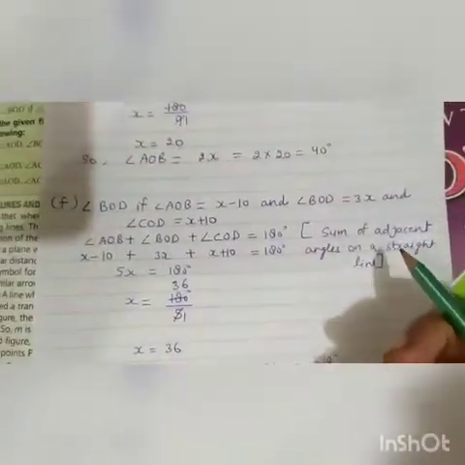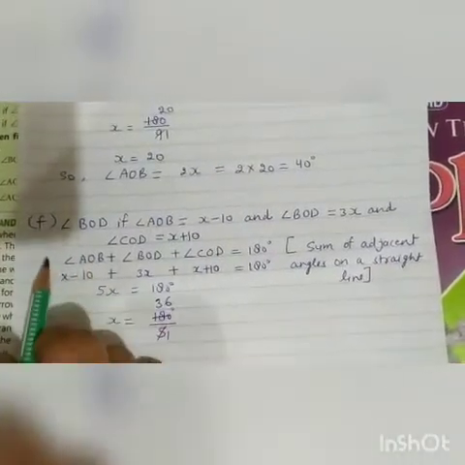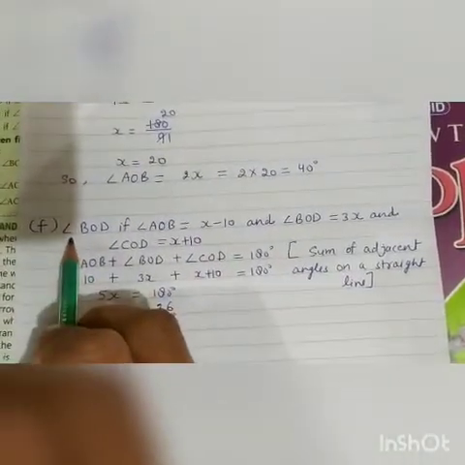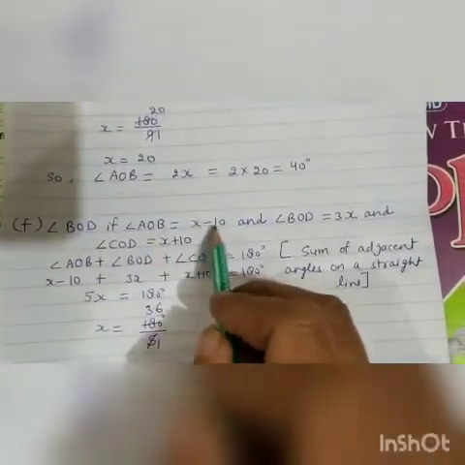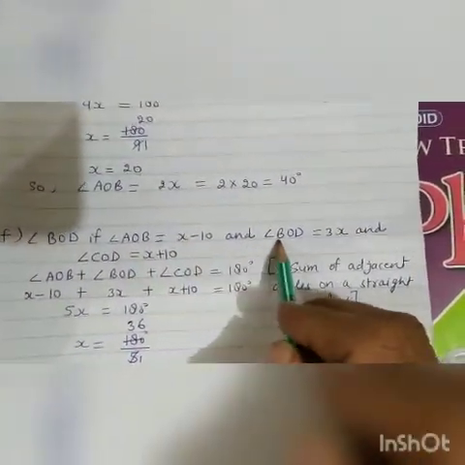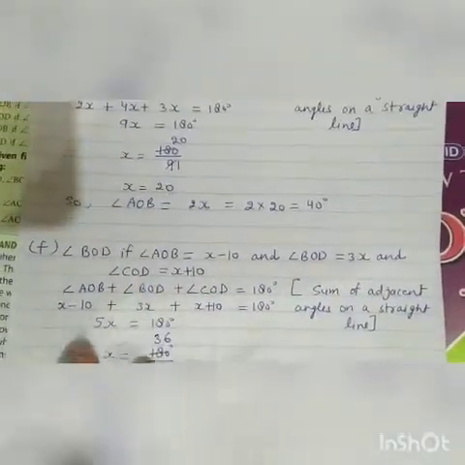Now part F. In this part we have to find the value of angle BOD if angle AOB is equal to x minus 10 and angle BOD is equal to 3x and angle COD is equal to x plus 10.